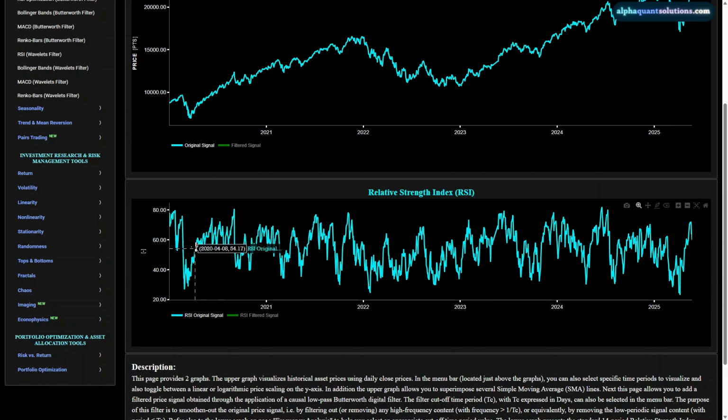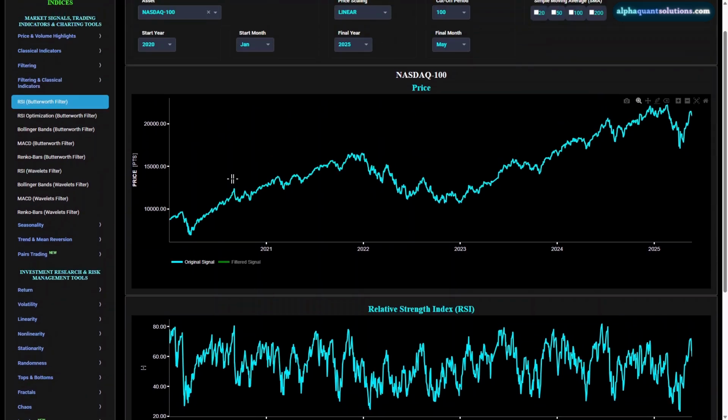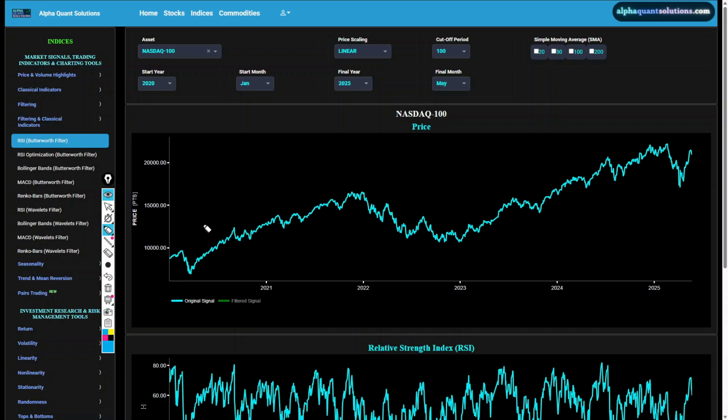And you could argue that when we look at the Nasdaq here, we could potentially identify 5 main regimes. We can identify 2 short-term market cycles. The first one, in the first and second quarter of 2020, was the COVID pandemic.